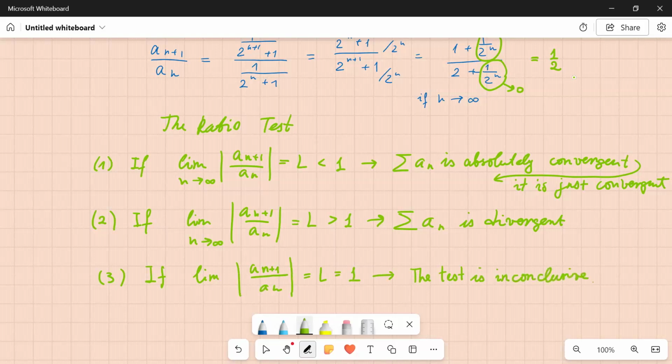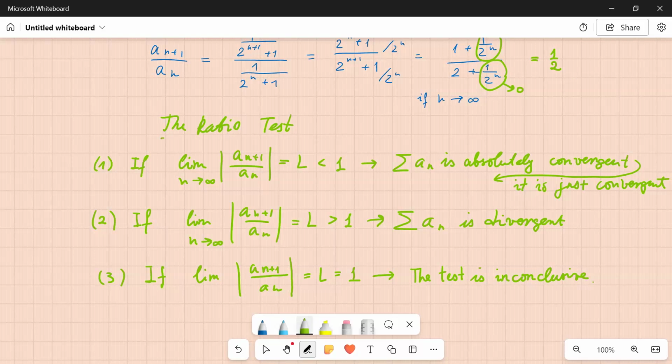Inconclusive means that the test is too rough to investigate that series. The series is too subtle to use this test on it. And in almost all cases, it's going to mean that the series is not looking like a geometric series.